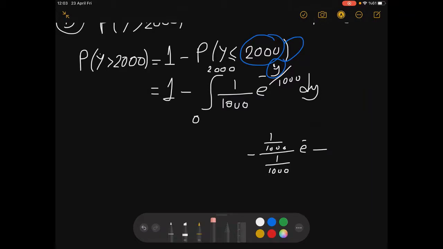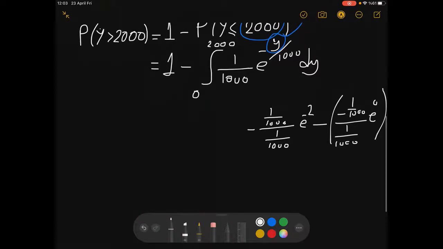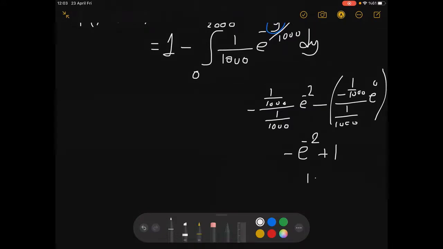That's why we have 2 here. We calculated this one, minus the value at 0, which is minus 1000 over 1000 e to the power 0. The result will be minus e to the power minus 2 plus 1. Since it is minus and minus, it would make plus, and the result would be 1 minus e to the power minus 2.